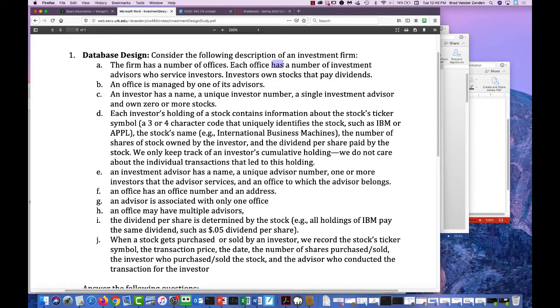Anytime two entities are connected by a verb in a sentence, there is a good chance that a relationship exists between the two entities.